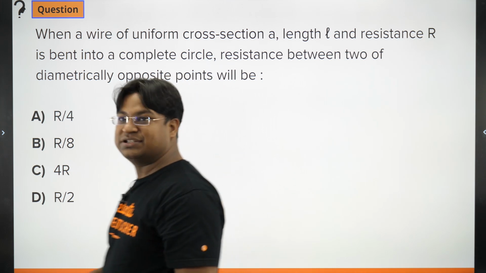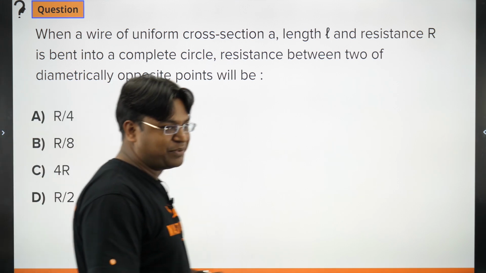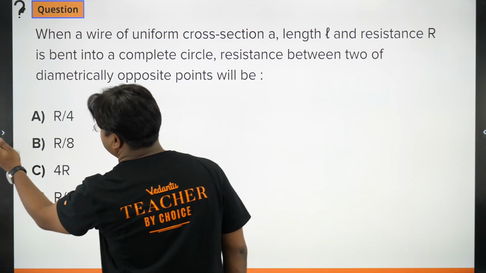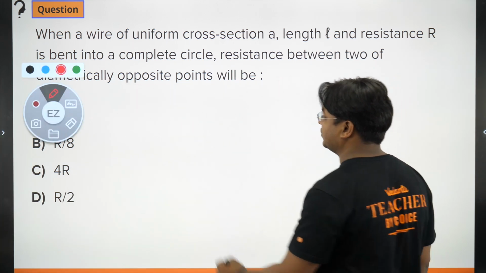What does this question say? A wire of uniform cross-section, length, and resistance R is bent into a complete circle. Find the resistance between diametrically opposite points. I think it's a pretty easy question, and I'm pretty sure that many of you can figure it out on your own.